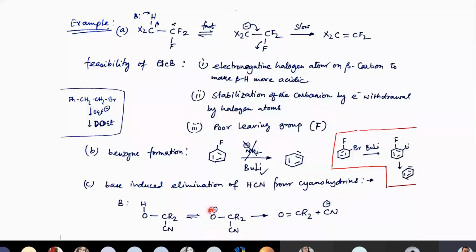In the next step, this O negative comes here and CN leaves, so that you get this carbonyl compound and the cyanide minus. Basically in total you get HCN. So this reaction also follows this kind of E1CB pathway. Okay, these are a few of the examples that are available for the E1CB mechanism.